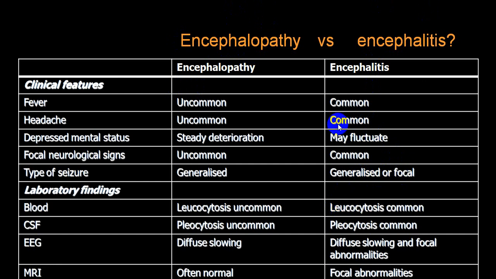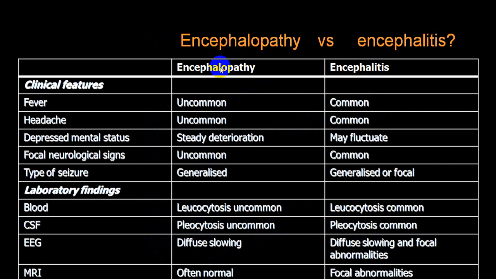Leukocytosis will be more common in case of encephalitis, and less common in case of encephalopathy, because encephalopathy can be because of multiple other causes, like metabolic disorders also. CSF pleocytosis is more common with encephalitis rather than encephalopathy. EEG will show focal abnormality, more common in case of encephalitis rather than encephalopathy.